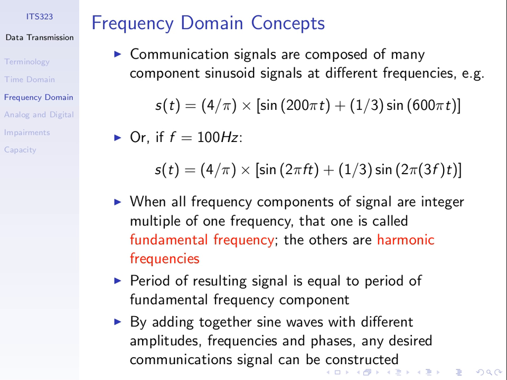Don't worry about the values here yet, just look at the structure of these. 2 sinusoids using our normal structure of the peak amplitude, 4 on pi, sine 2 pi ft plus the phase.